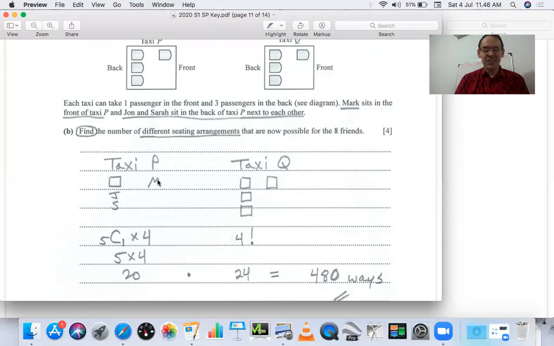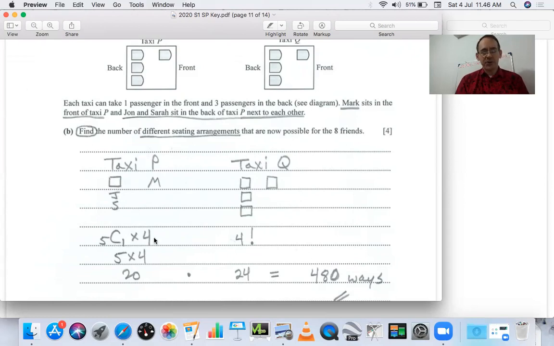So 3 of these 8 have already been established. Mark in the front, John and Sarah next to each other in the back. So there's 5 people left. 1 of those 5 needs to join taxi P. So this is a selection. So 5 choose 1 will tell us who will be in the taxi with Mark, John, and Sarah.